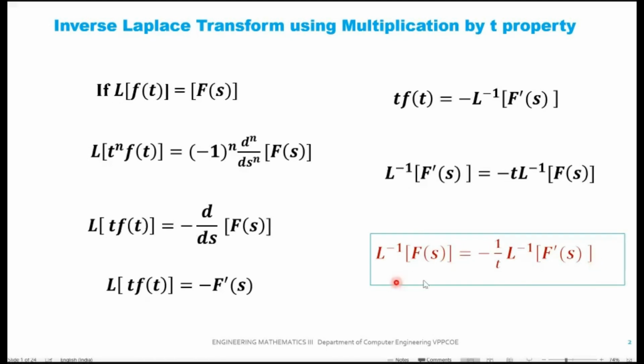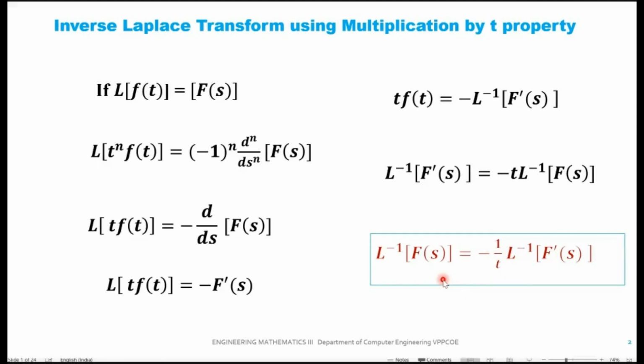If you can, learn this formula by heart, or you can derive it from this Laplace transform property. So L inverse of f of s is equal to minus 1 by t L inverse of f dash of s.